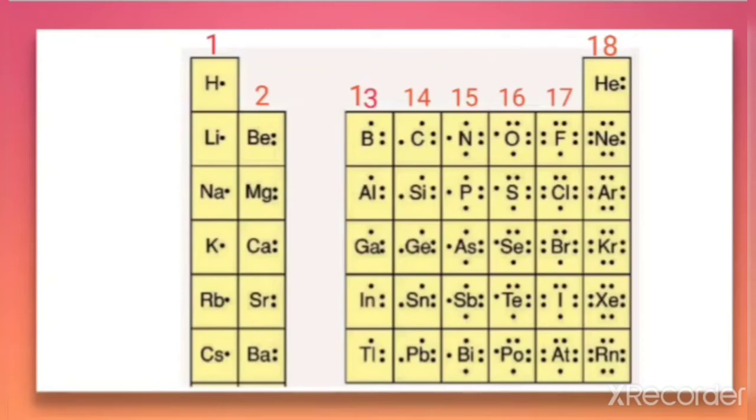So on the basis of the position of an element in the periodic table, you can easily identify its valence electrons. So valence electron is clear, that is the number of electrons present in the outermost shell. What about valency?